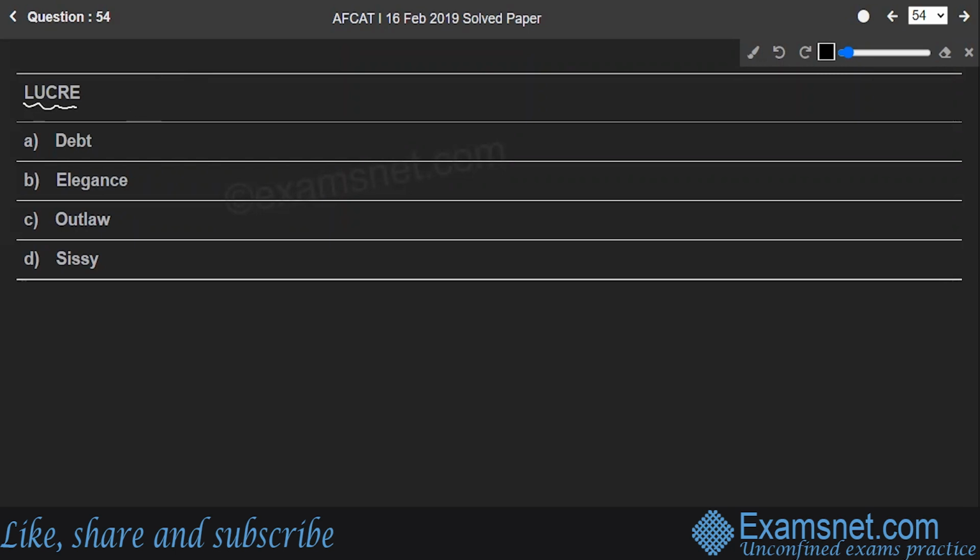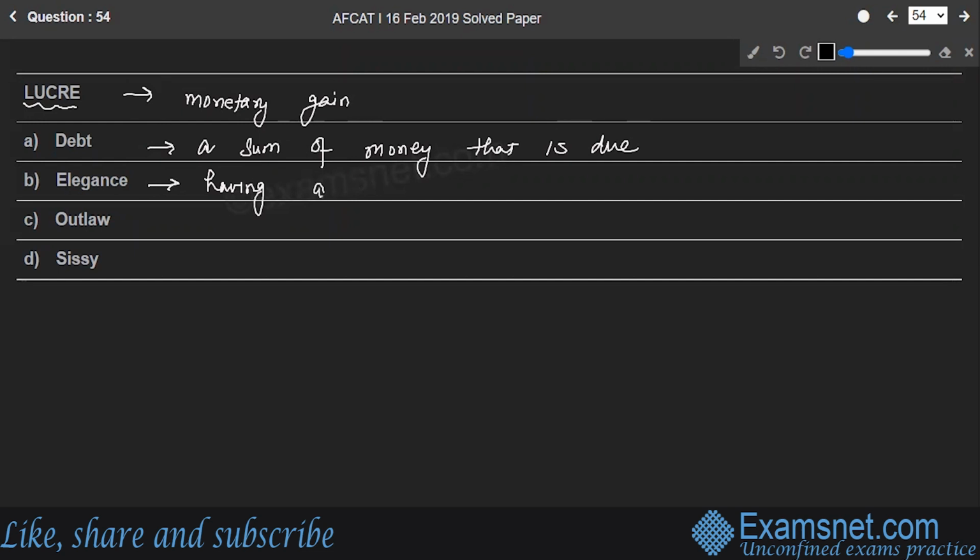It means monetary gain. Then is the word debt. It means a sum of money that is owed. Then elegance. Elegance means having an attractive style.